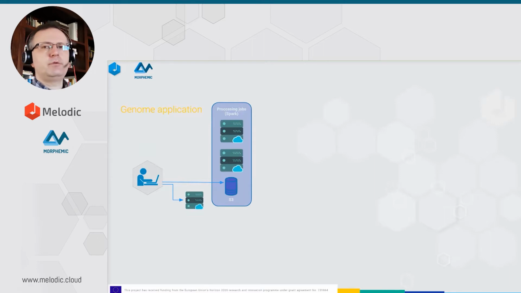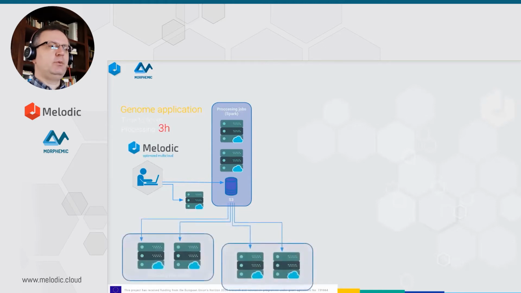The use case is very similar to the AI investments one. So the researcher at the university starts processing the given workload. Usually it is the given genome data, and they want to compare it with the reference data. After starting the process, Melodic tries to determine how long it takes.